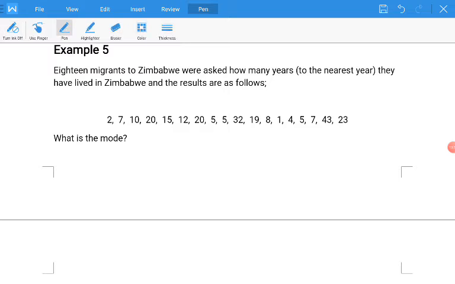So 5 with 1, 2, 3. And it is unlike any other observations. We have 20, which is appearing 2 times. So the mode is equals to 5, because it is the most popular observation, or it is the observation with the highest frequency.